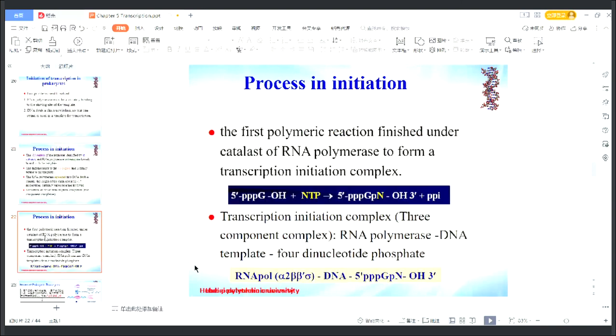You can see here, the first polymerization reaction is finished under the catalysis of the RNA polymerase to form the transcription initiation complex. The transcription initiation complex, a three-component complex, forms, the initiation stage is finished, and it immediately enters into elongation.